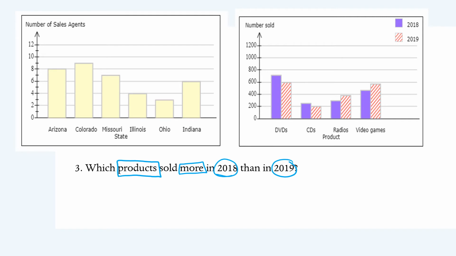So we're looking for a product that has a taller purple bar than the striped bar. DVDs has a taller purple bar. CDs has a taller purple bar, but radios and video games have a shorter purple bar.